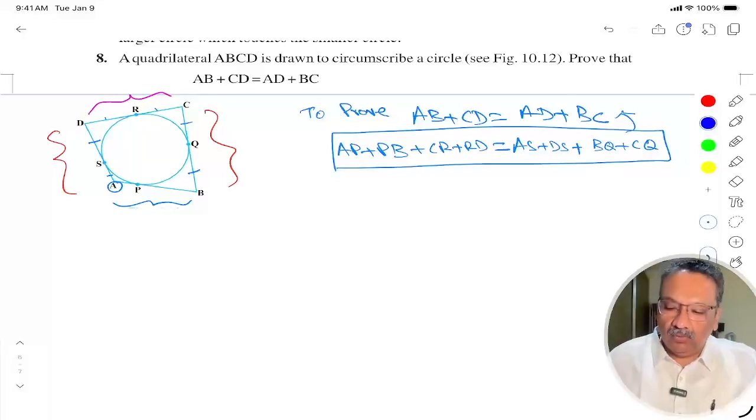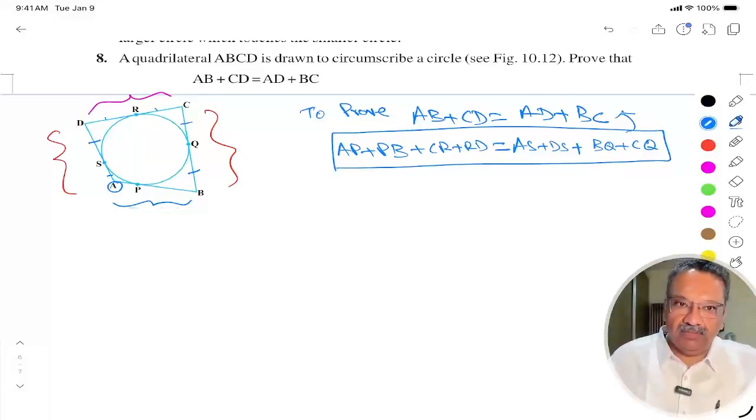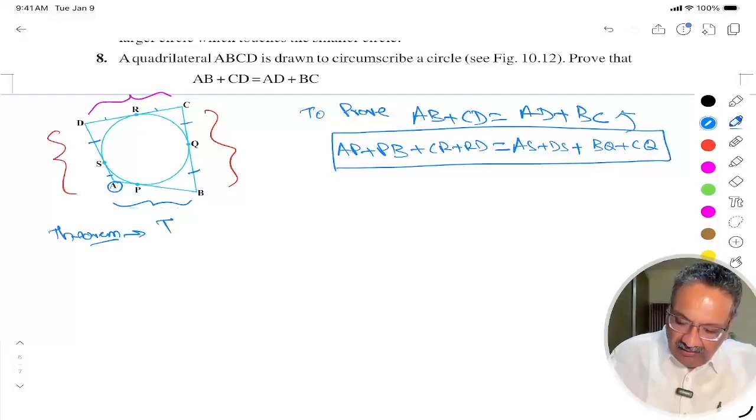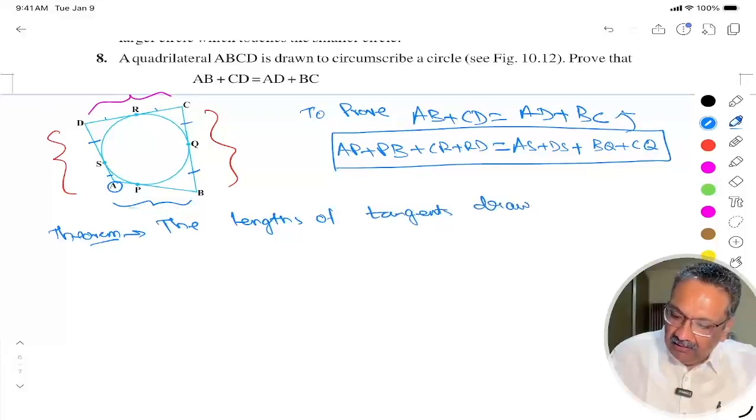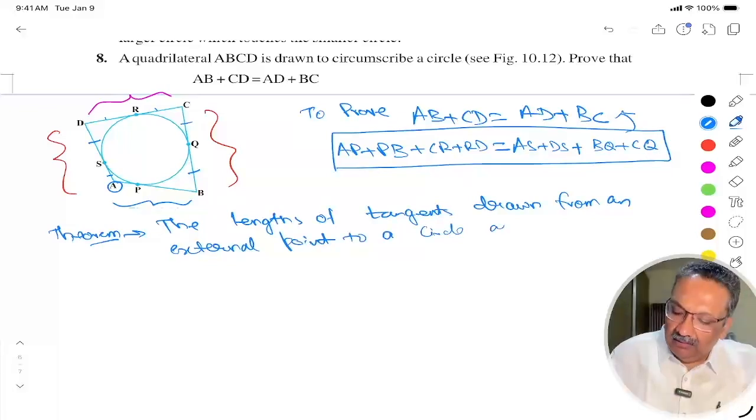So what does theorem 2 say? We have the theorem which says that the lengths of tangents drawn from an external point to a circle are equal.